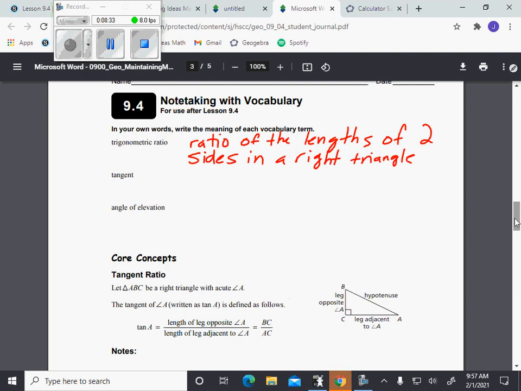The tangent is a trigonometric ratio, so a trig ratio for acute angles that involves the lengths of the legs in a right triangle.